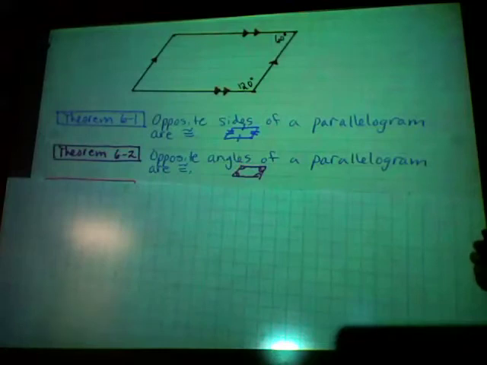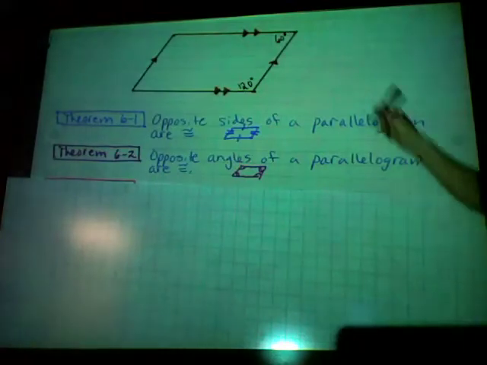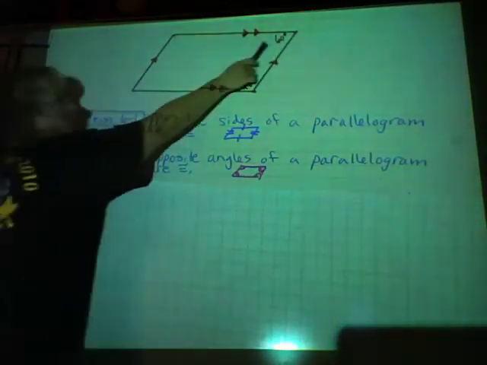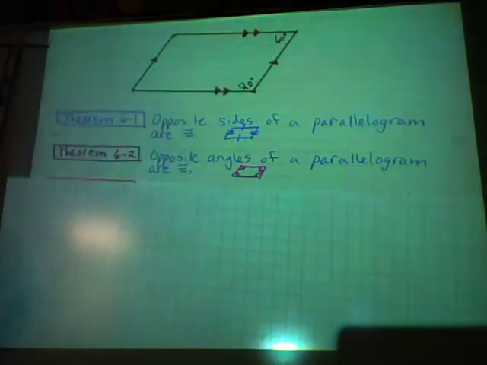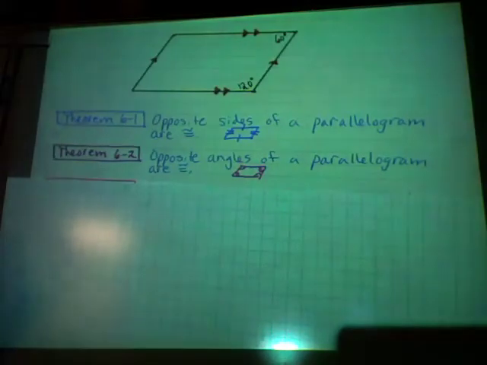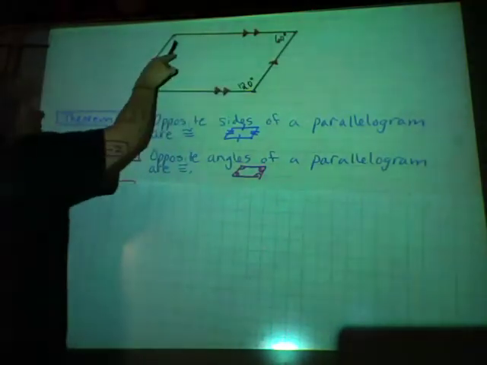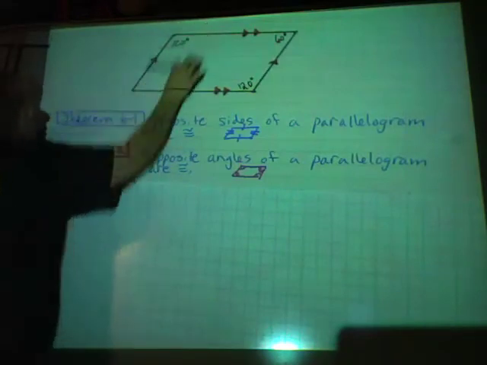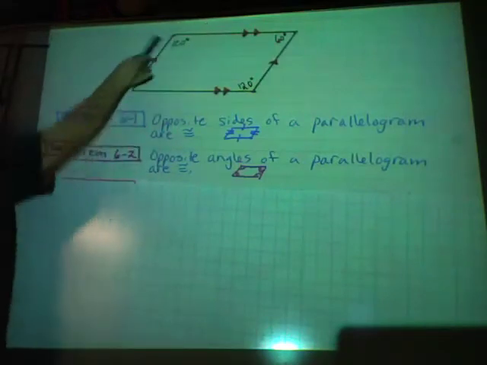So now, you can turn your paper, I can't turn the board, but now these lines are parallel, right? And that's the transversal. So aren't these also consecutive interior angles? And aren't they also supplementary? If that's 60, what's this? 120. And then, again, those are parallel. So these are consecutive interior.